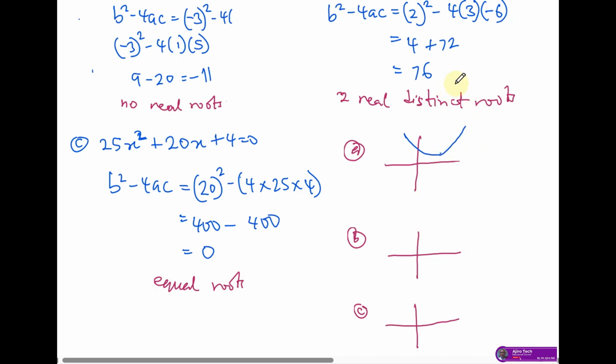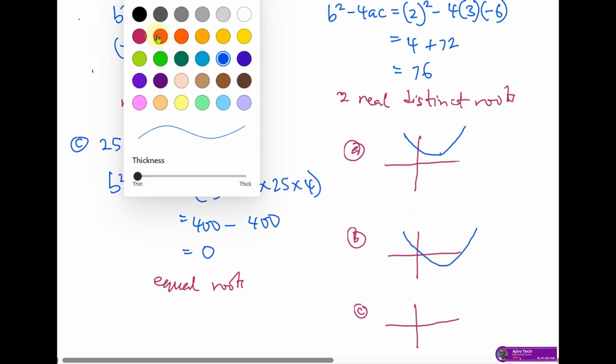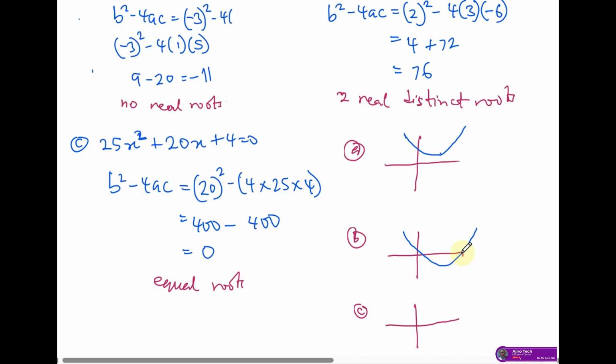In the case of B, the curve will actually cut the x-axis at 2 points. So those are the 2 solutions of the equation at 2 different points.